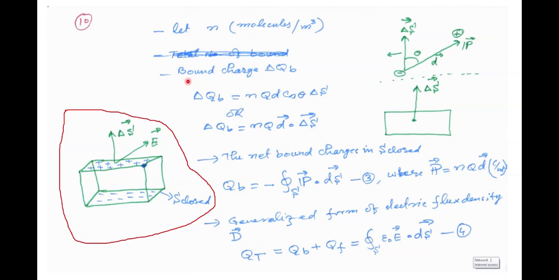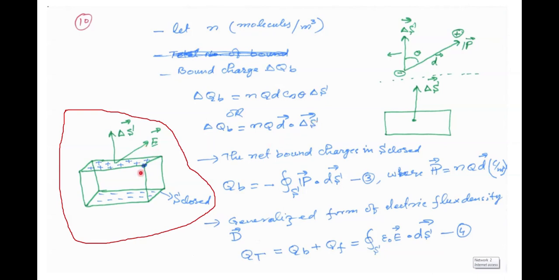So the incremental bound charges bound by the surface above or below is equal to nqd cosine theta times the magnitude of that incremental surface, or one can write the above relation in vector form, that is the product of nqd factor, which represents the polarization, because n represents the molecules per cubic meter, qd represents the dipole moment, and delta s is the incremental surface area, the vector area.